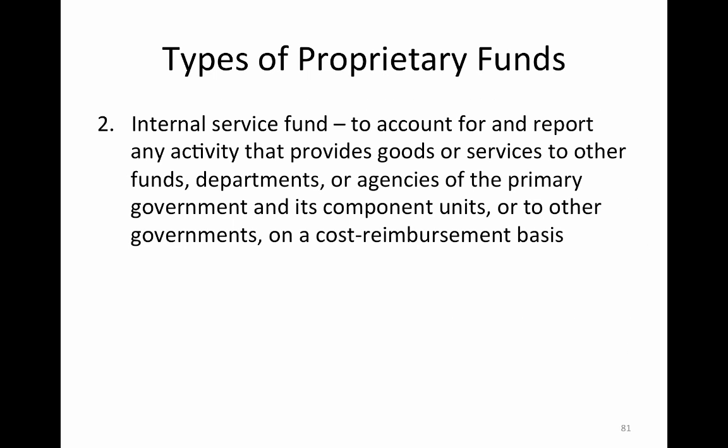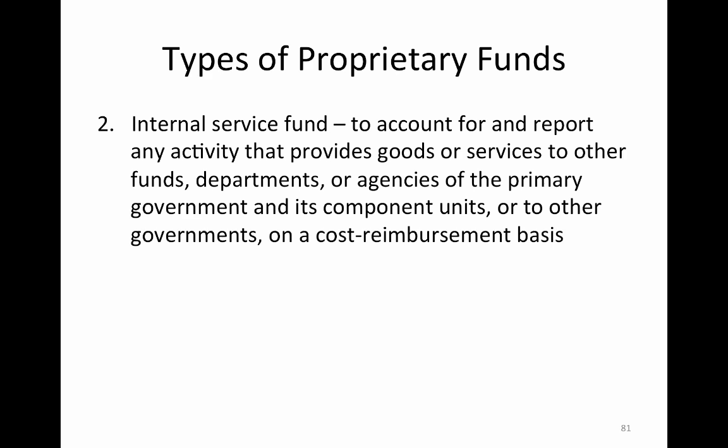The other type of proprietary fund is the internal service fund. That fund type is aggregated in most cases into the governmental activities in the government-wide financial statements, but it operates in the same manner as the proprietary funds. They're charging a fee for service, but rather than doing it to external customers, internal service funds are providing goods and services to the rest of the government, like a central automobile pool or central gas fuel function, central supply function.